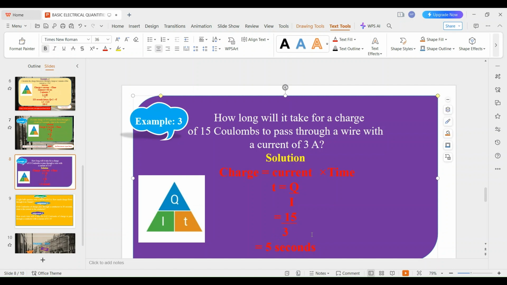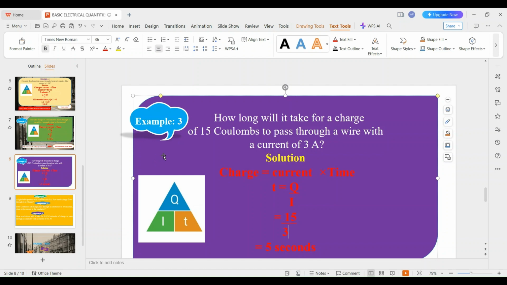So 15 divided by 3, we shall have our answer as 5 seconds. Remember to follow each and every example that I've given here and work it out in your exercise books.